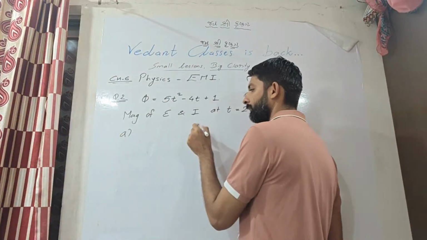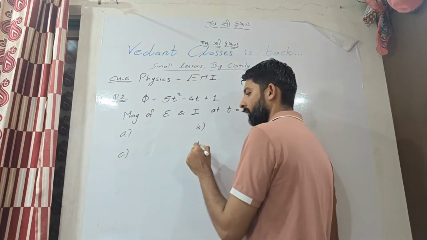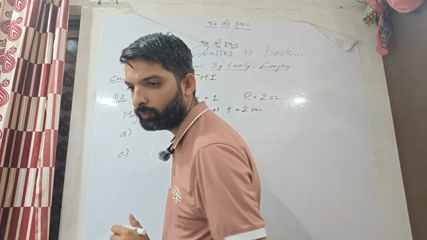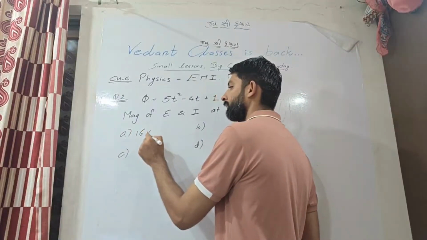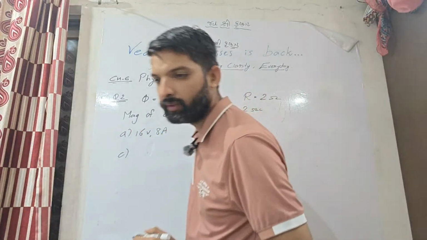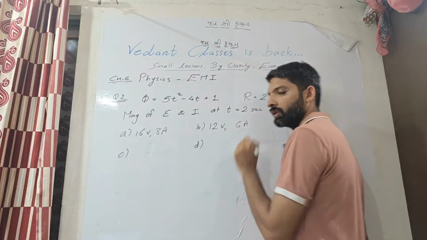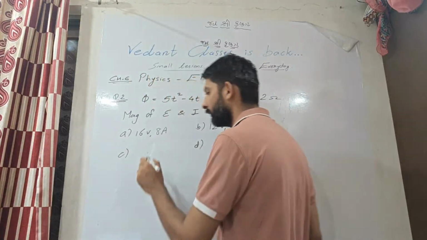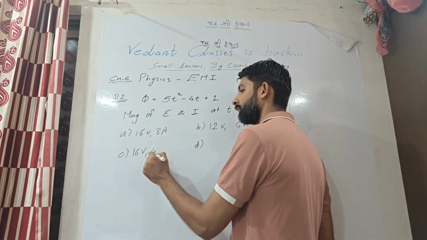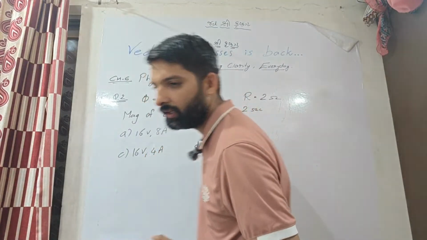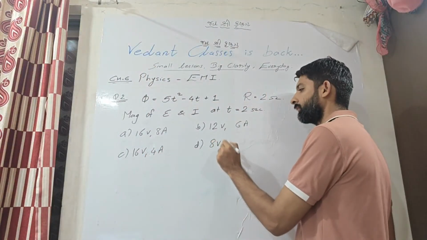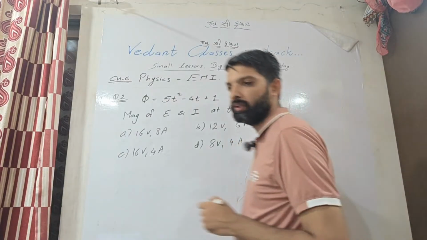Options are: A 16 volt 8 ampere, B 12 volt 6 ampere, C 16 volt 4 ampere, and D 8 volt 4 ampere. This is easy.